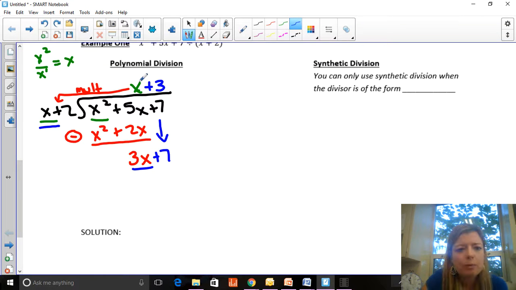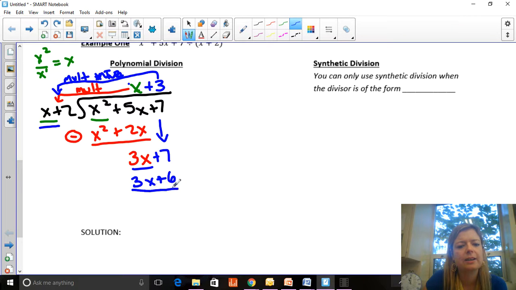So now we take all of this 3. Sorry, I'm looking at the wrong example here on my notes. This 3 now gets multiplied by all of x plus 2. Sorry, that should say multiply. Okay, so 3 times x plus 2 is 3x plus 6.